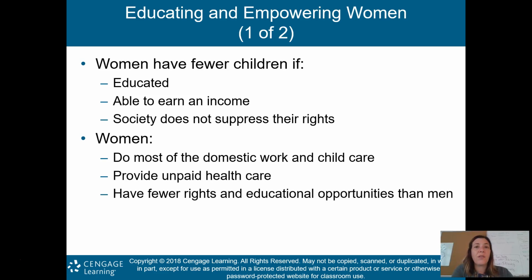Women and girls are the ones that haul the water, maybe miles a day. They gather wood for cooking and other needs. Women account for 66% of all hours worked in the world, but they only get 10% of the world's income. And in terms of land ownership, women in the world own just about 2% of the world's land.